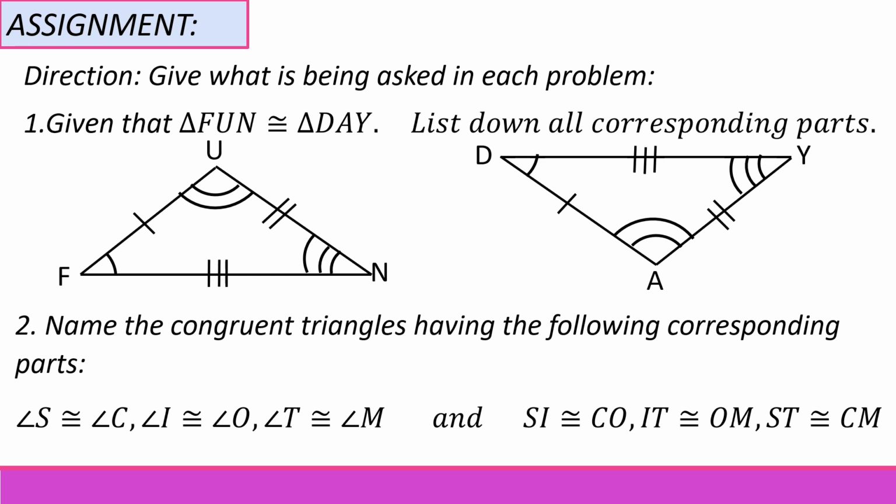Angle S is congruent to angle C. Angle I is congruent to angle O. Angle T is congruent to angle M. And side SI is congruent to side CO. Side IT is congruent to side OM. And side ST is congruent to side CM. Okay?